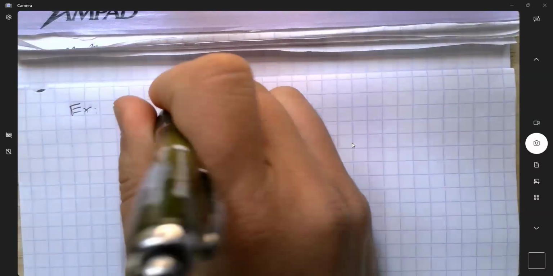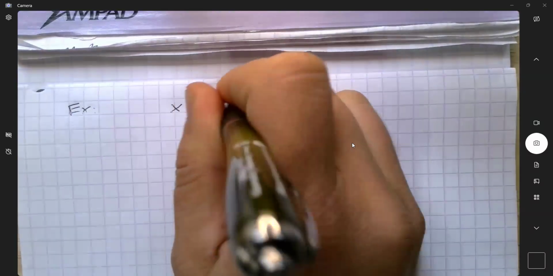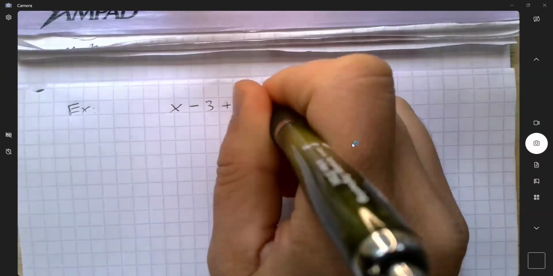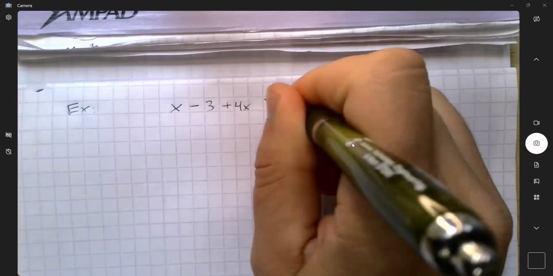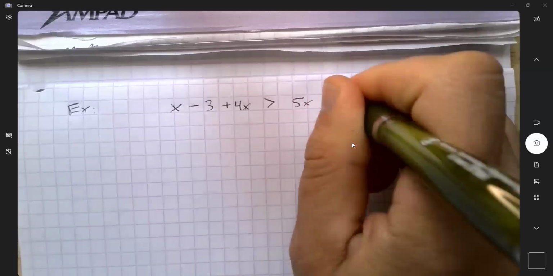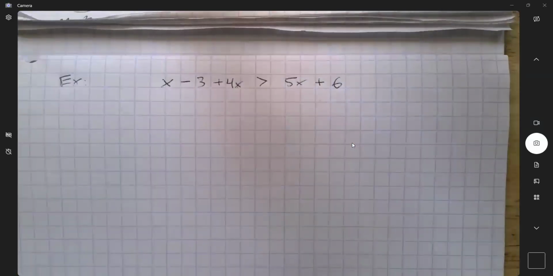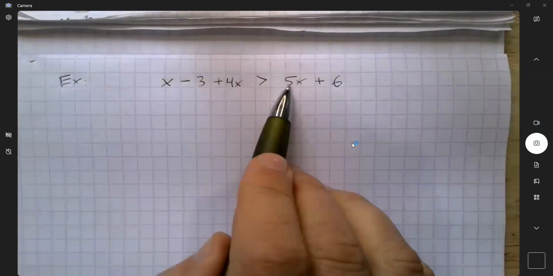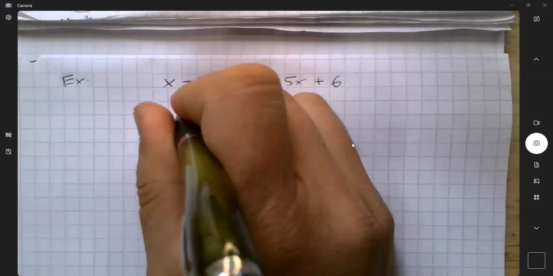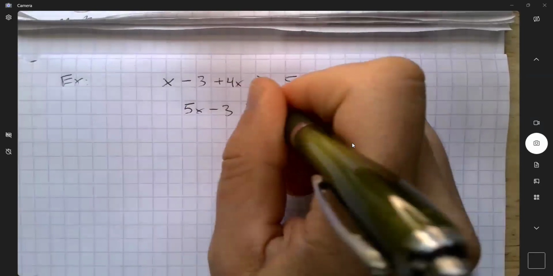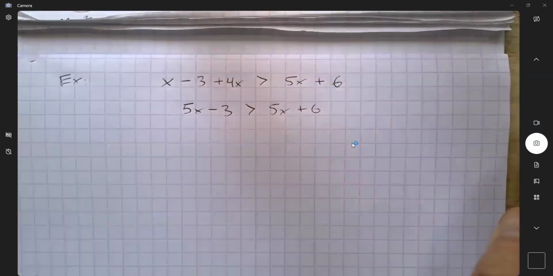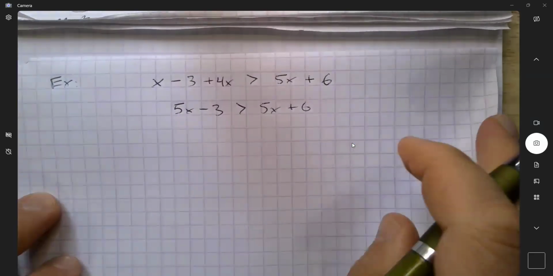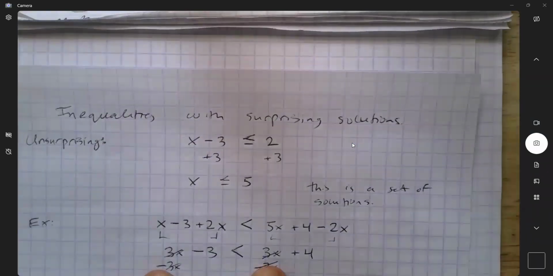So let's look at something like x minus 3 plus 4x is greater than 5x plus 6. I have to work a little hard to disguise what's going on here, because if I just started with those x's combined, you would see that most of the time our surprising solutions involve a step where you have the same number of x's on either side of your symbol, whether it's an inequality or an equality.